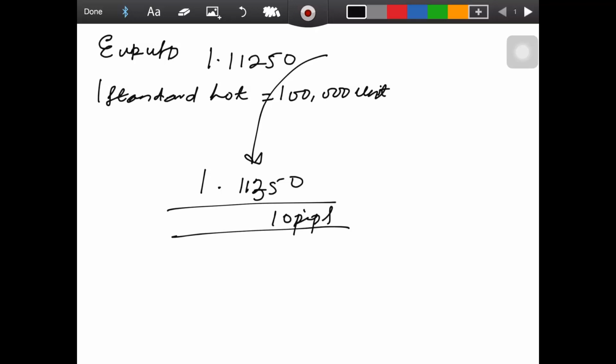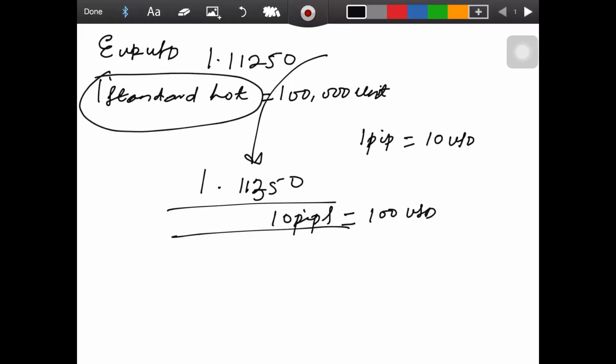Now remember that every 1 pip movement for one standard lot is equal to $10. And so it means that this 10 pips movement is equal to $100. It's as simple as ABC. Remember, we are dealing with the standard lot, and your standard lot is equal to 100,000 units.